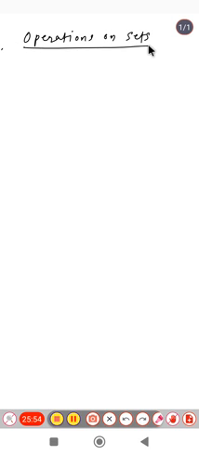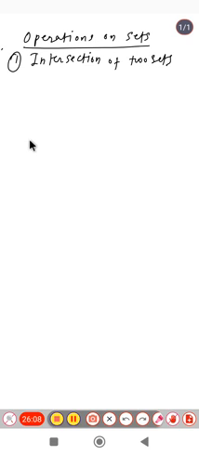Now we'll see the next topic, operations on sets. First of all, the first operation is the intersection. Suppose A and B are two sets.